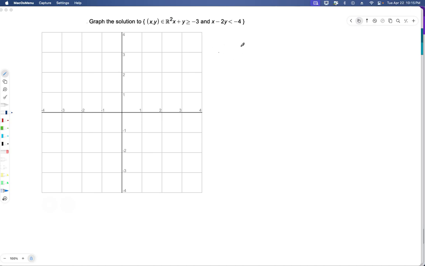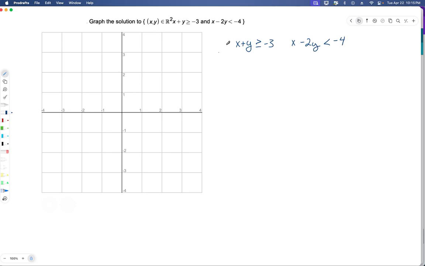So we have x plus y is greater than or equal to -3, and we have x minus 2y is less than -4. So what we want to do here is think of this as a linear equation.